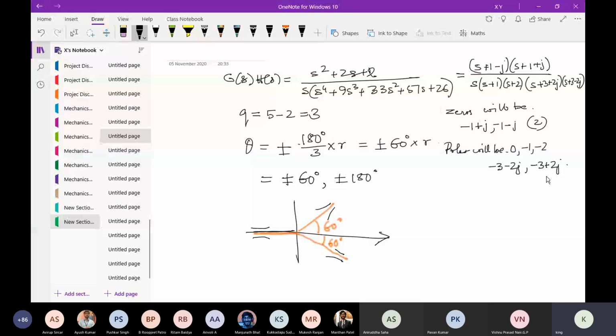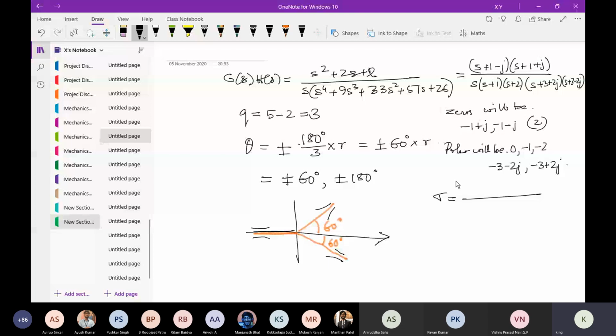So this theta we have already found out, here also the same thing, but your sigma will be equal to poles minus zeros.